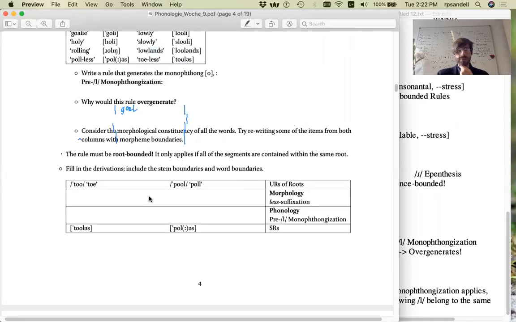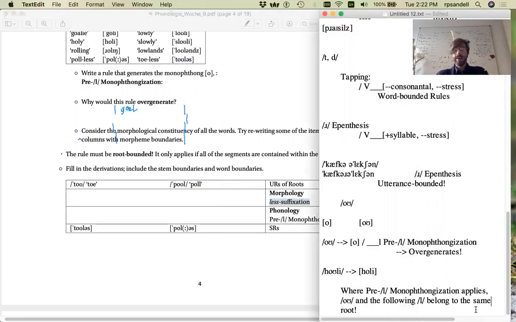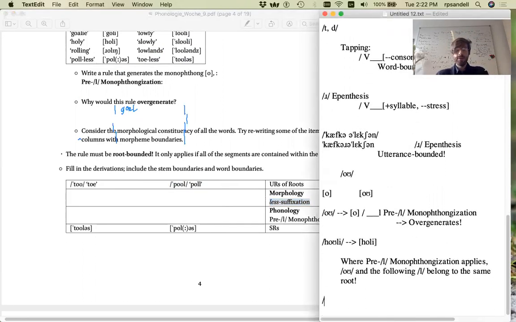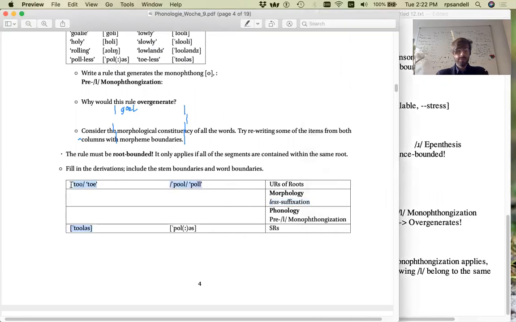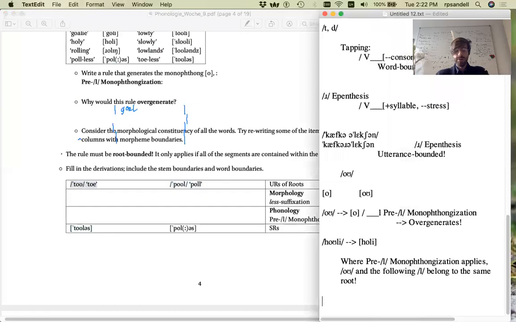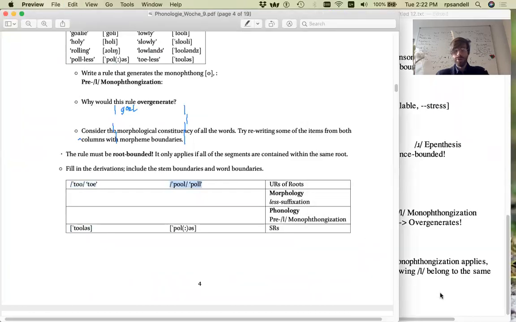So let's try to then fill in this derivation. We can explicitly contrast the cases of toeless and poleless. In both cases, both words undergo the suffixation of the derivational suffix -less, lacking in. So let's begin with the underlying form of these roots, toe and pole.